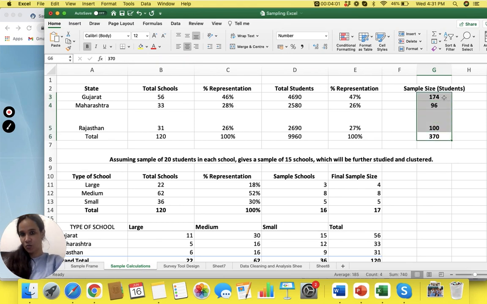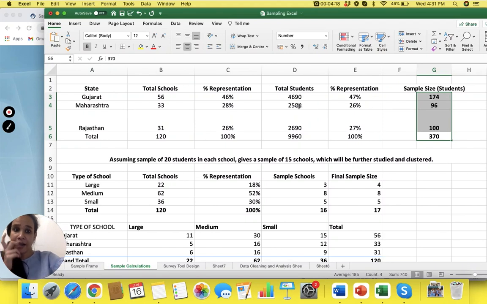So what we've tried to do here is ensure that we have clustered schools according to states, and looked at proportion to percentage to ensure we have adequate representation based on their overall representation in the universe.